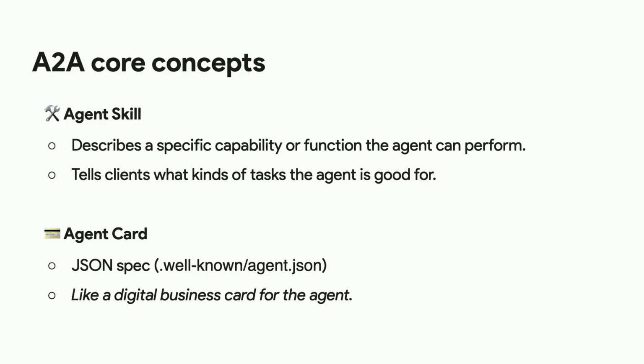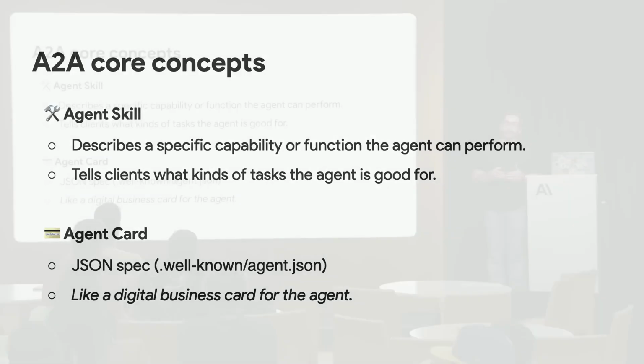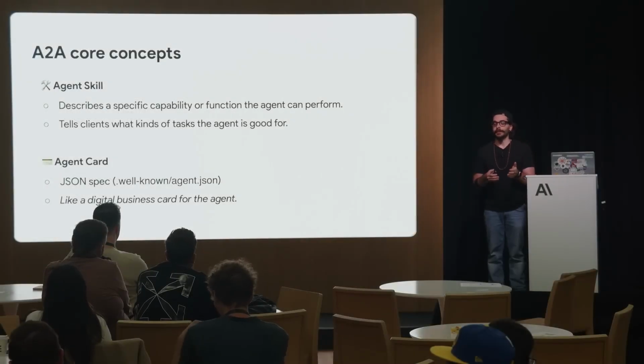And then you have the agent card, which is essentially a digital business card for the agent, allowing other agents or applications to know what the skills of the agent are and how to interact with it. So one describes the agent, the other describes what the agent is capable of doing to the other agents. And then, as before, you have an agent executor that essentially manages the communication, the requests, and the responses that this system generates between agents.